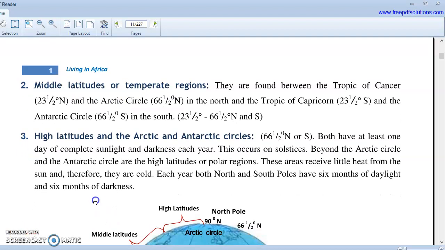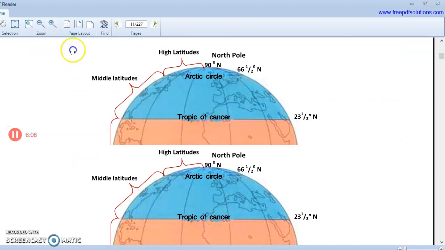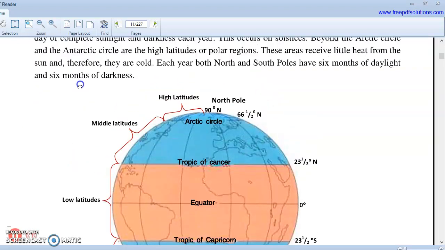Beyond the Arctic and Antarctic Circle are the high latitudes or polar regions. These areas receive little heat from the sun and therefore they're cold. In both the north and the south, each year both north and south poles have 6 months of daylight and 6 months of darkness.